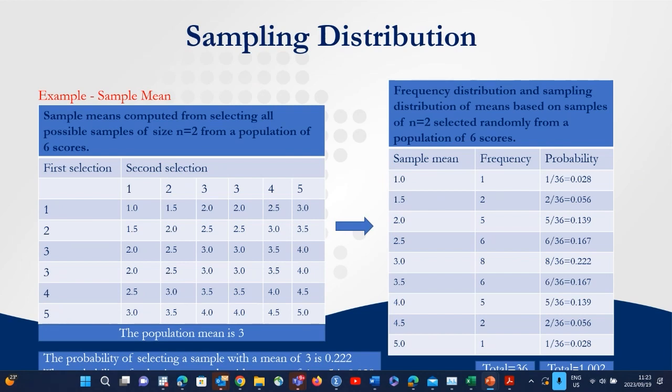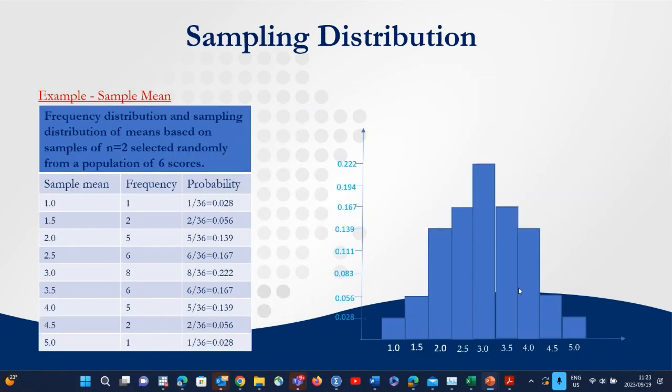And then I want to see, using this information, maybe I'm just going to select 2 games, and I'm able to use that to compute the distribution. And you can plot it. So this would be the sampling distribution for the scenario that we've looked at. I have all the possible averages for all the possible samples of size 2 I can get from that data. These are all the possible samples of size 2.